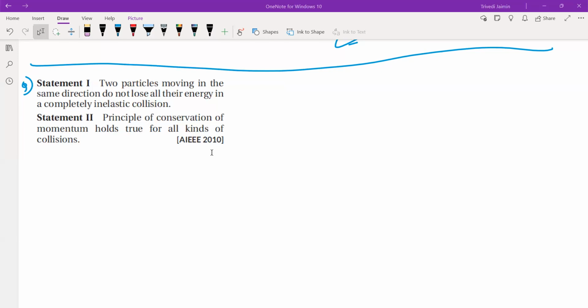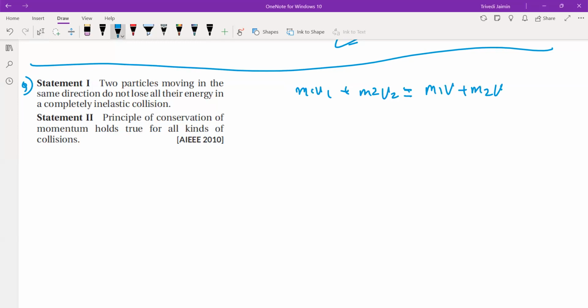Okay, so let me give you a small explanation by solving something. Let's prove it. So for inelastic collision, m1 v1 plus m2 v2 will be equal to, after the collision, m1 v plus m2 v. They do not lose momentum.